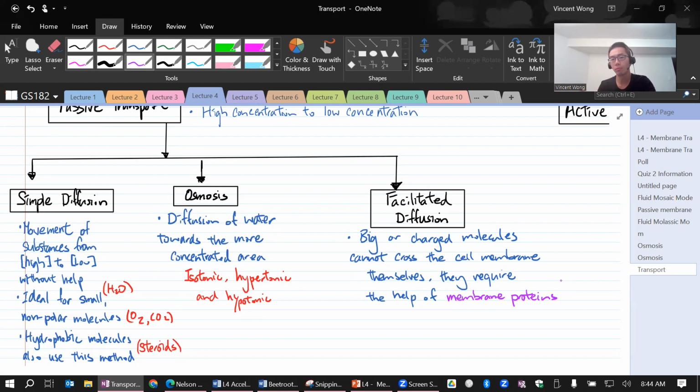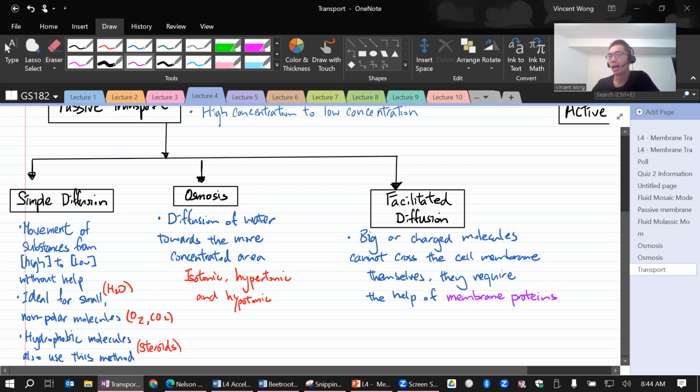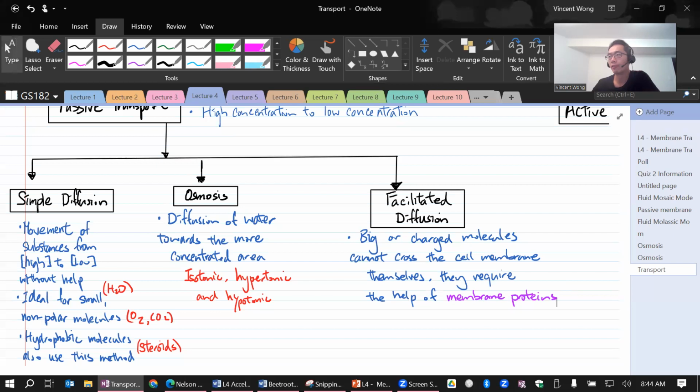In this case, the molecules are very big. They won't fit through the gaps in the membrane, or they are charged and therefore cannot go through the hydrophobic tails. So in order to cross, they need help from these membrane proteins.